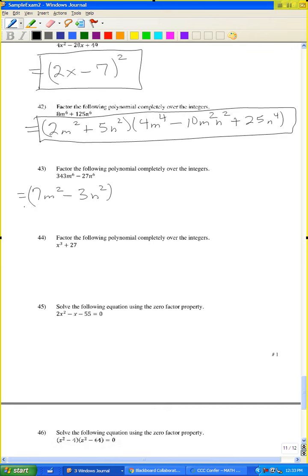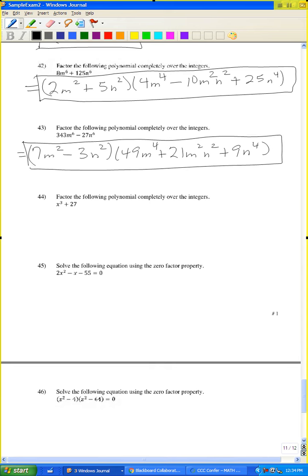The square of 7m squared is 49m to the 4. Change sign, plus 7m squared times 3n squared is 21m squared n squared. Negative 3n squared, quantity squared, is positive 9n to the fourth. And you are done.